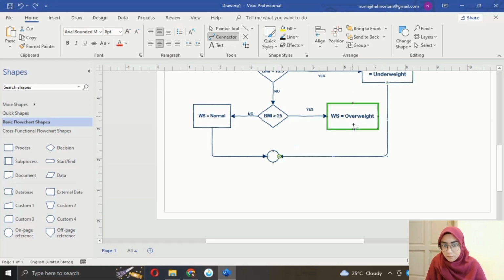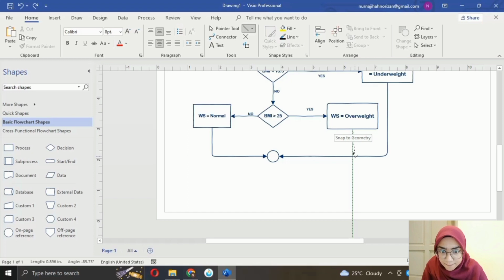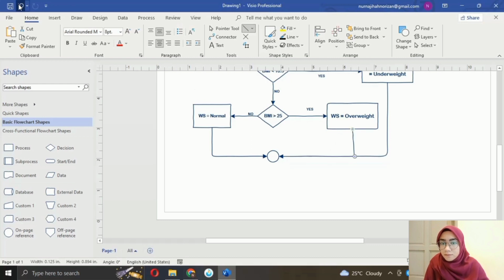So we use an arrow from weight status equal to underweight, weight status normal, and weight status overweight, and connect it to the small circle.